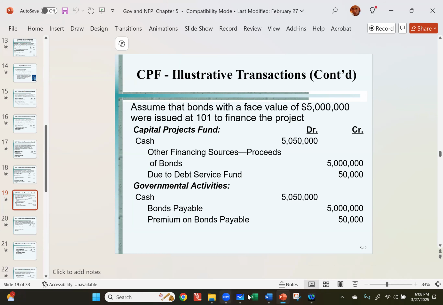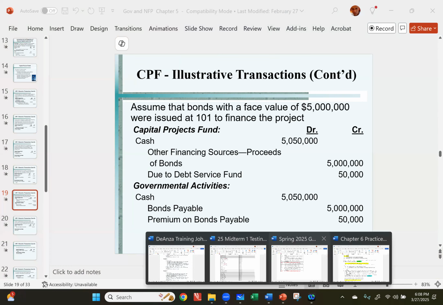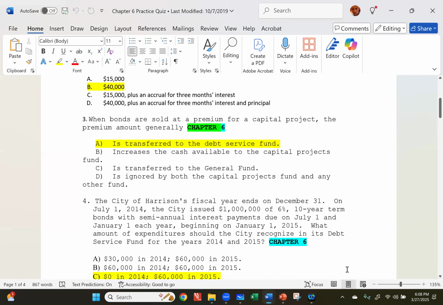So that question, even though it was asking from the context of debt and debt service, we studied it in the context of Chapter 5 Capital Project Fund. It is correct that premium is generally transferred to the debt service fund.